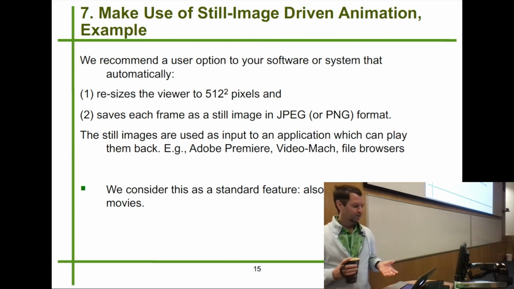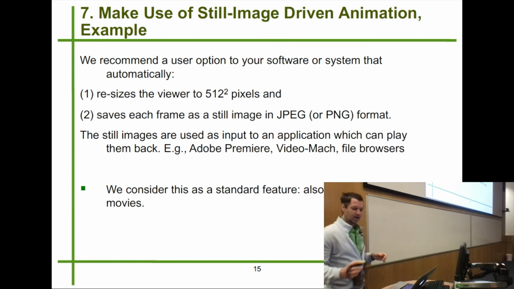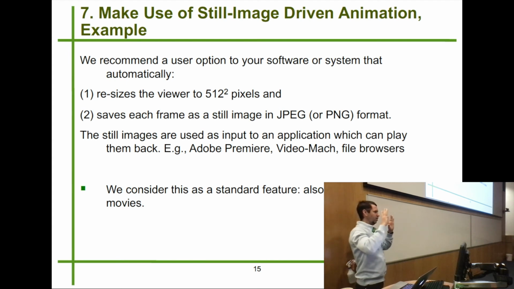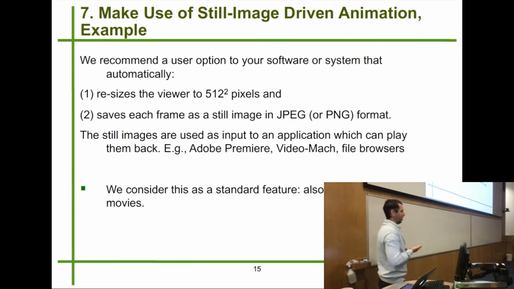I used to have a function in my software that would automatically resize the image to 512 by 512 pixels, and then save every frame of the animation to a file.